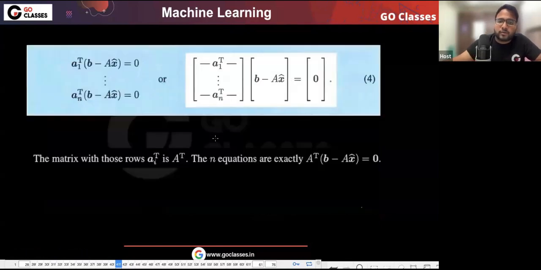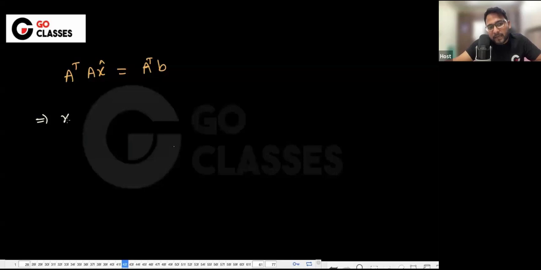So let me quickly do it again. We have got equations of this kind, and this is what we call the normal equations. Now from this we are getting x cap.